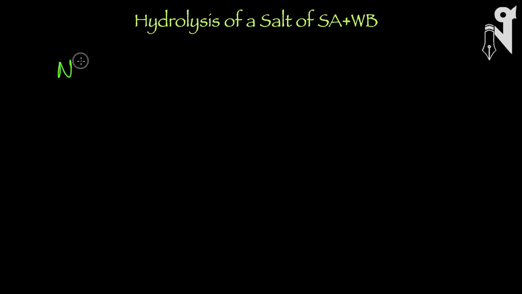We have NH4 plus reacting with water to give you NH4OH and H plus. So NH4 is actually breaking up the water, and it says, okay, H plus, you don't combine with OH minus, I'm going to combine with OH minus, and I'll release you from water.